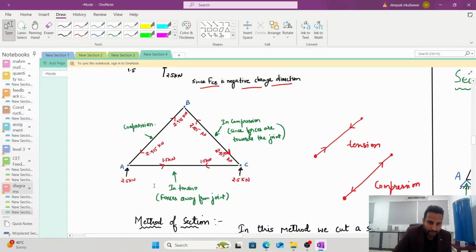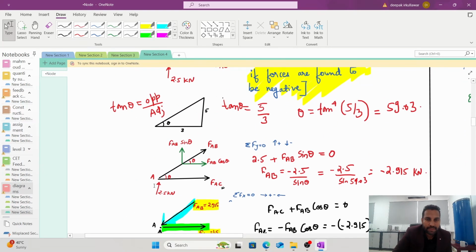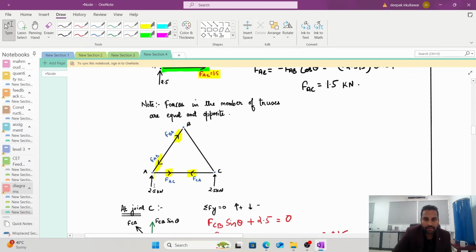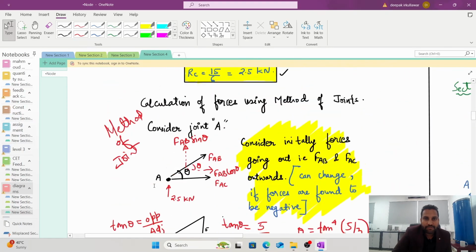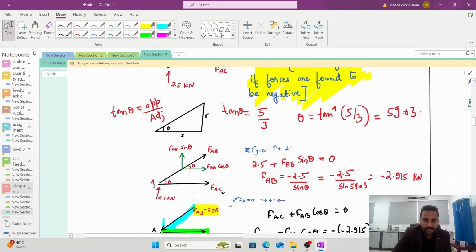So this is the final diagram. So this is the method of joint. Whatever you have done till now is method of joint. So I will just give you a small recap. What is method of joint? You will take a joint, you will resolve the forces, and you will use equilibrium equations to find the forces.